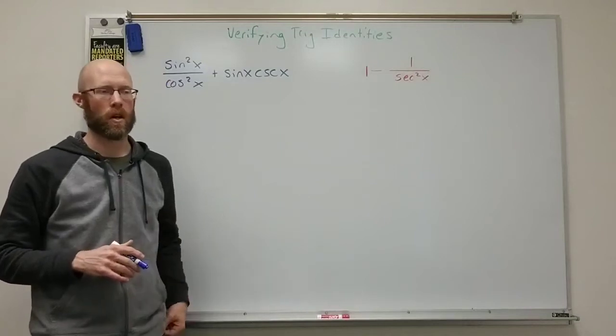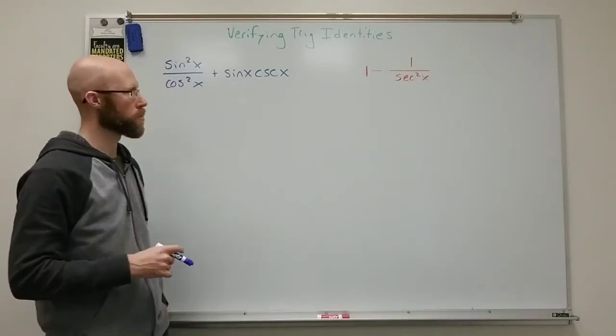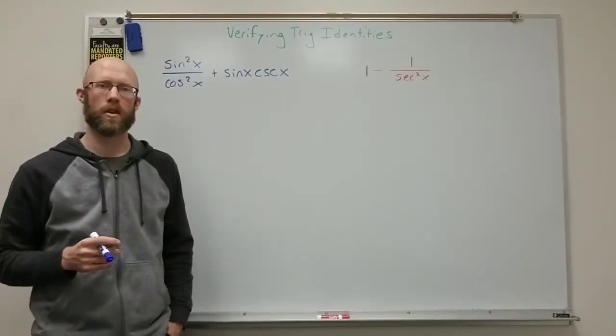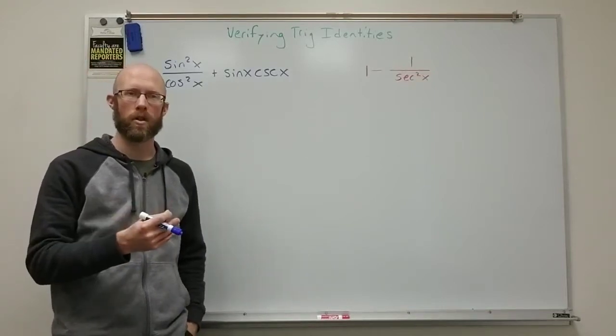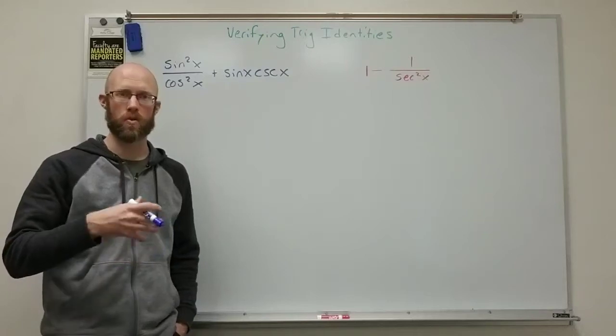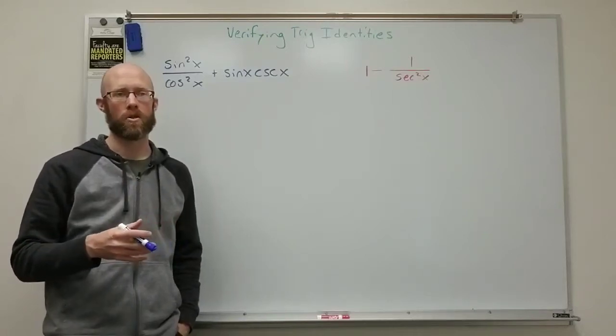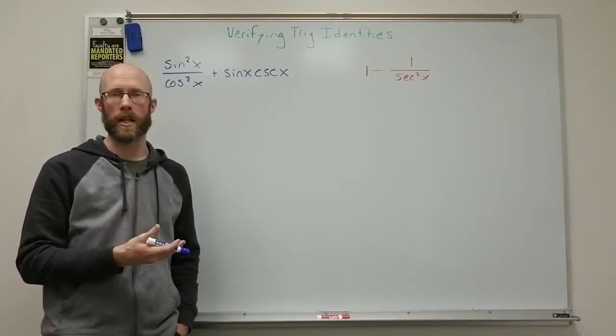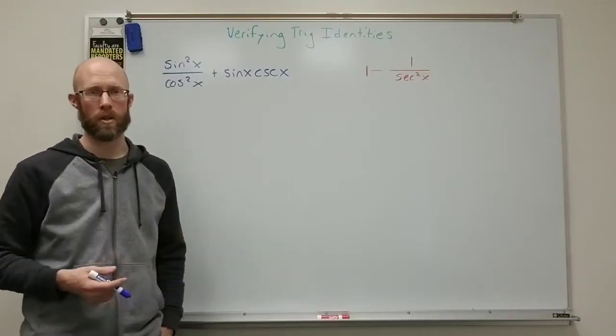When you're trying to simplify these expressions, it's important to write out the reasoning that you used in each step. So some sort of algebra technique or some sort of fundamental identity, okay, to move forward to the next step.